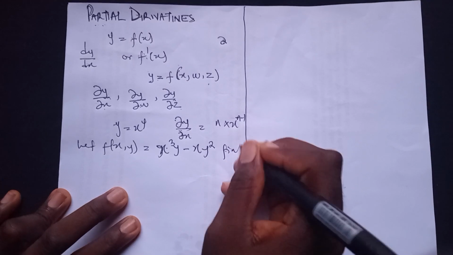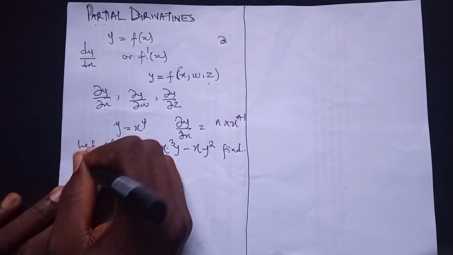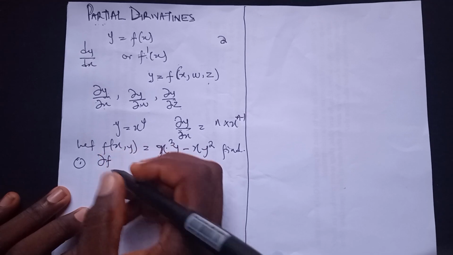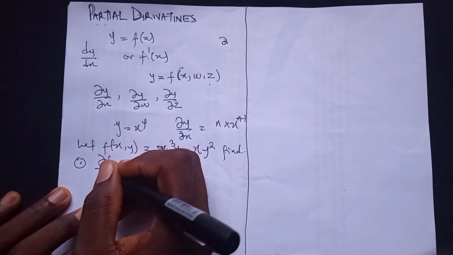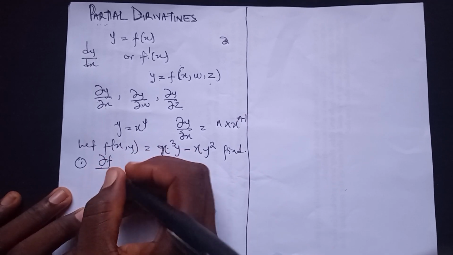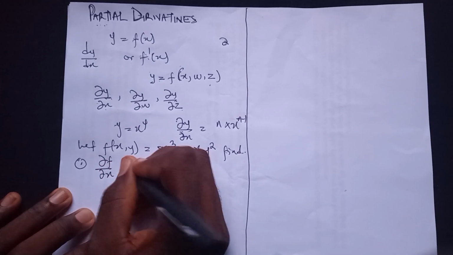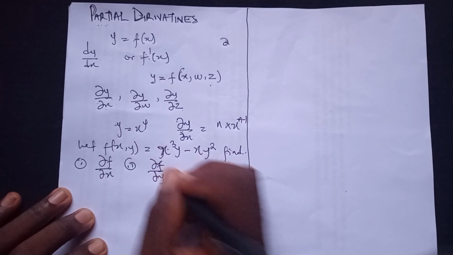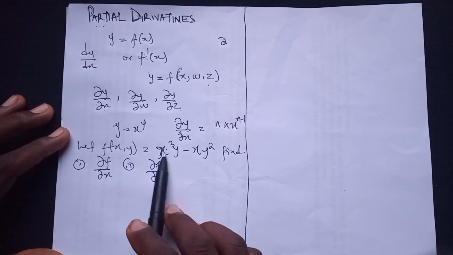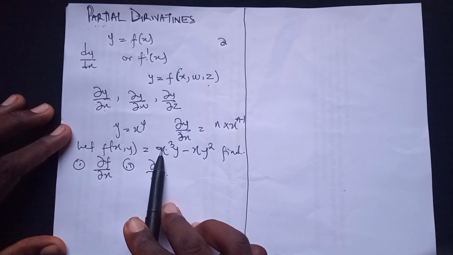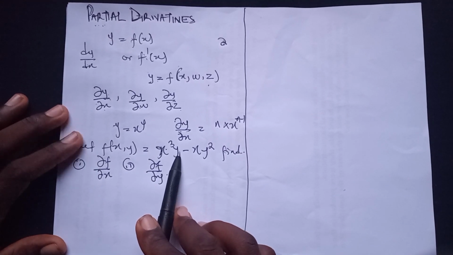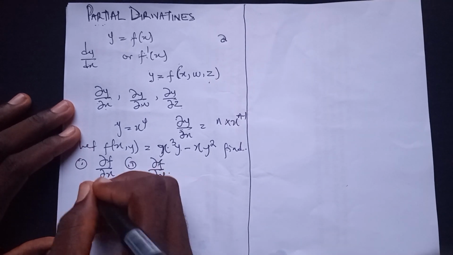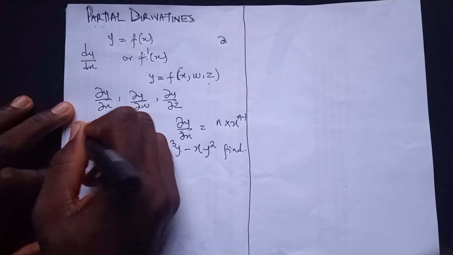Now find one, the derivative of f with respect to x, and f with respect to y. Now this, you differentiate x, take y as a constant, leave y as a constant, differentiate x. For example, if we attempt the first one, let's call this an example.